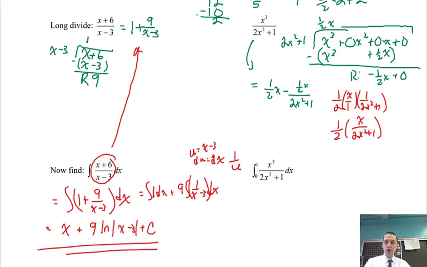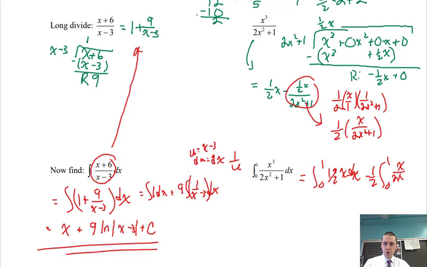So I'm going to rewrite this as the integral from 0 to 1 of 1/2 x dx minus 1/2 the integral from 0 to 1 of x over 2x squared plus 1 dx.